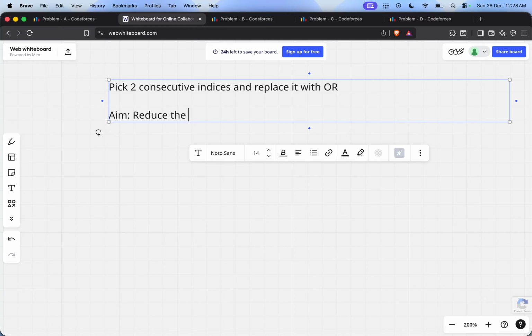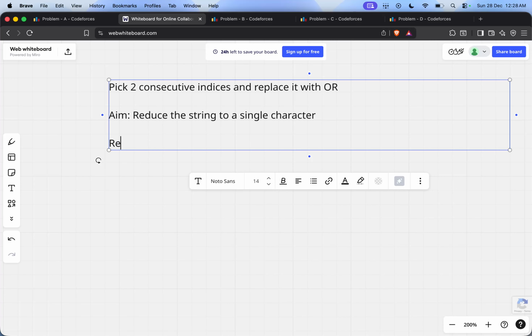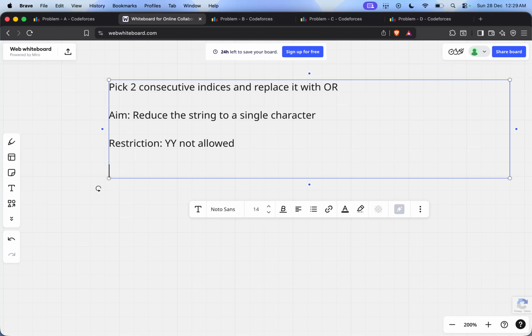Reduce the string to a single character. And what is the restriction? We can never pick up Y comma Y. Two consecutive Y's can never be picked up.